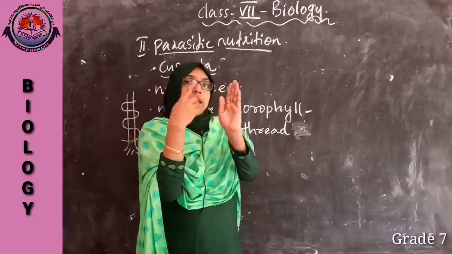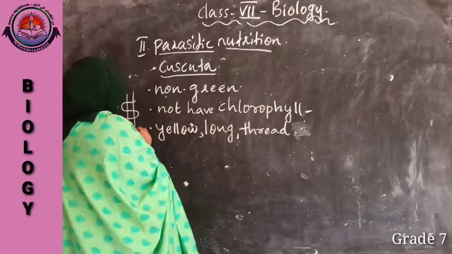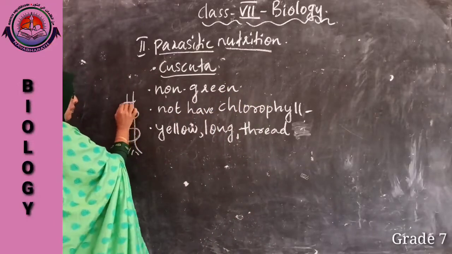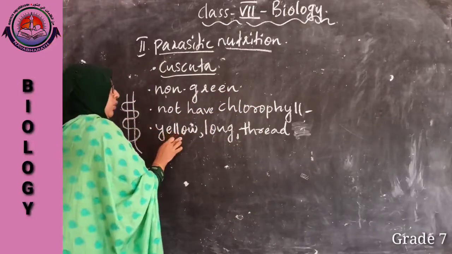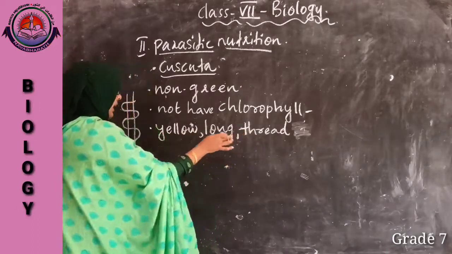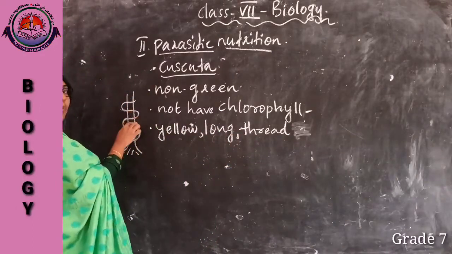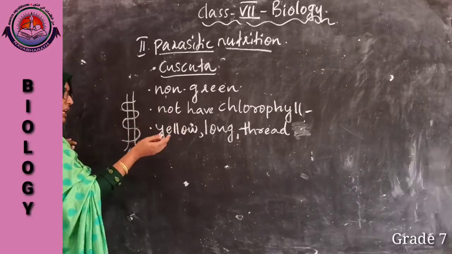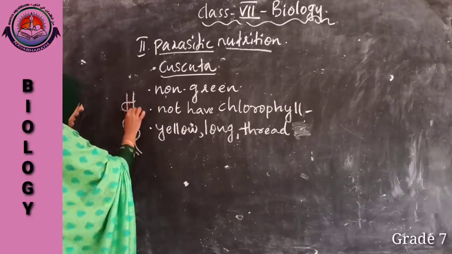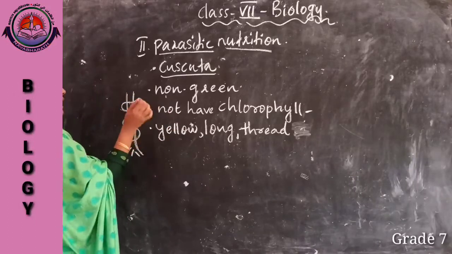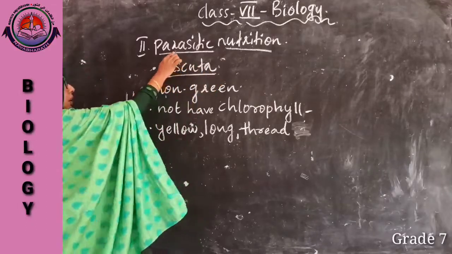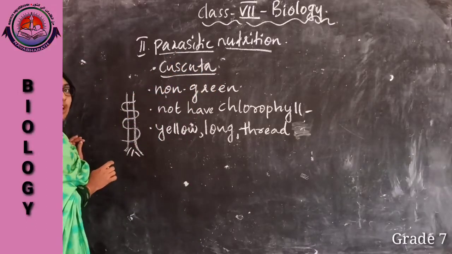Twine means they will be like in a tied manner. So they are a yellowish long thread-like plant which twines around the body of another plant. So another plant is present here, isn't it? So Cuscuta is an example of parasitic nutrition.